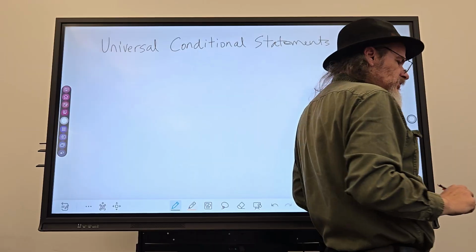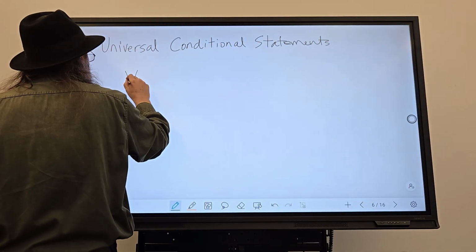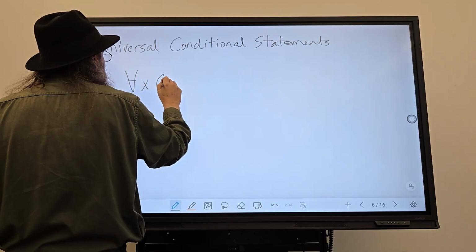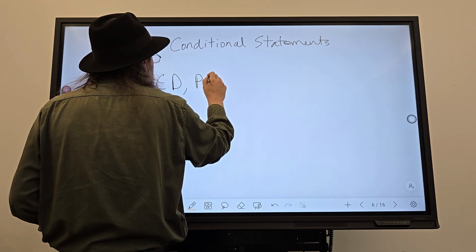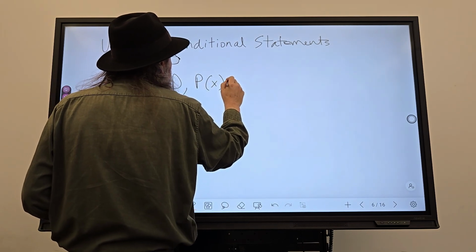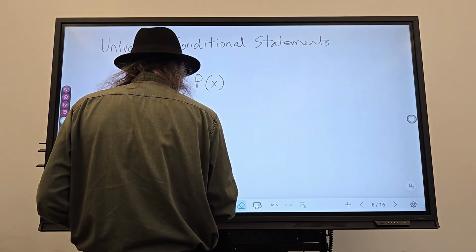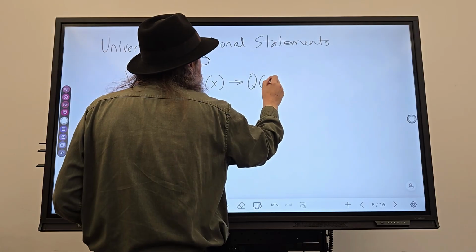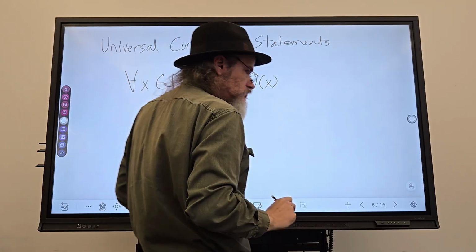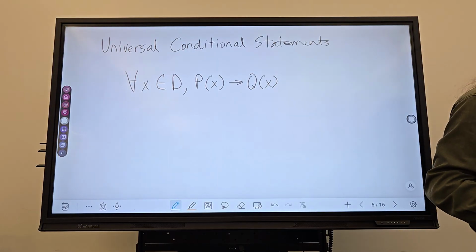Universal conditional statements take the form: for all x, element of D, P of x implies Q of x. If P of x, then Q of x.